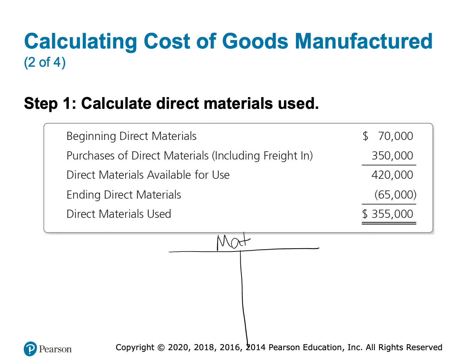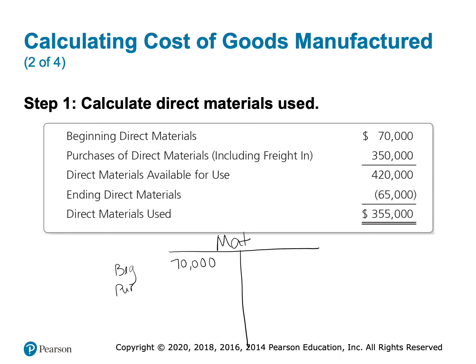So we have our beginning balance. Now remember, materials is an asset, so it has a normal debit balance. So our beginning balance is over here on the debit side of 70,000. Now we know that we purchased some materials, and we're told that we purchased $350,000 of materials.